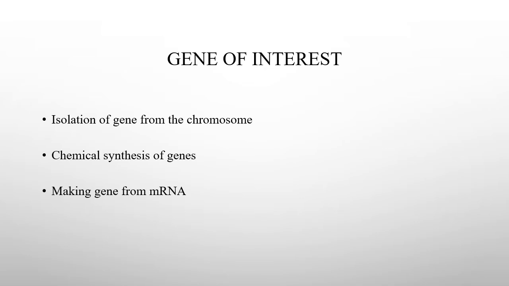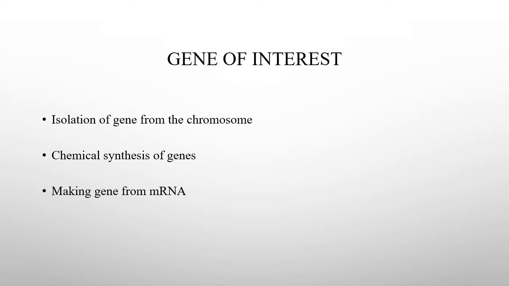For example, if we want to make insulin, we must first know the segments of DNA in a human which make the insulin protein. When we know the segments or nucleotide sequence, we can isolate it from the chromosome.